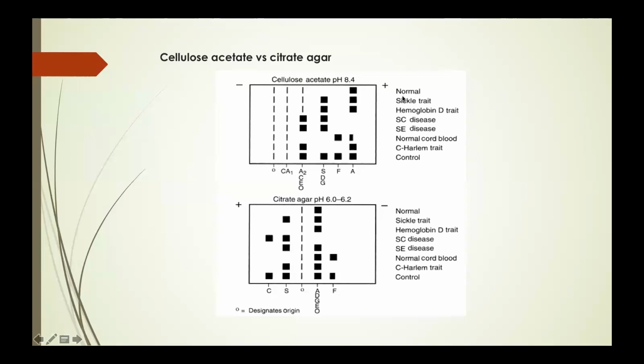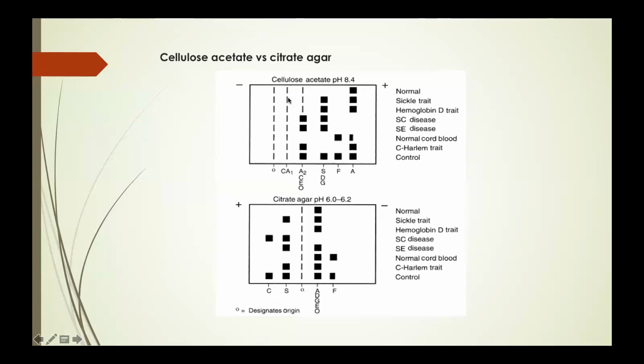The person has sickle cell trait because you have hemoglobin A and hemoglobin S migrating from the initial application point, which is here. You know how we apply samples: this is sample 1, sample 2, sample 3, sample 4, sample 5, sample 6, sample 7, and so on.